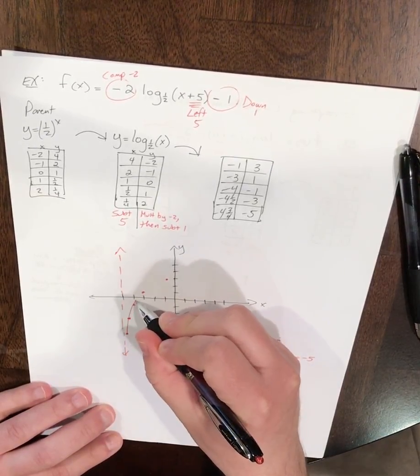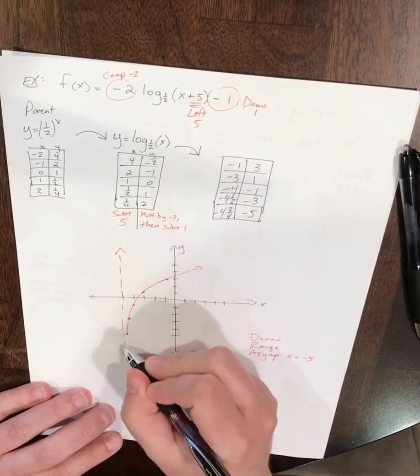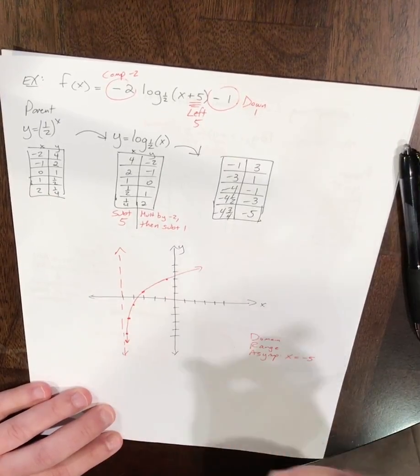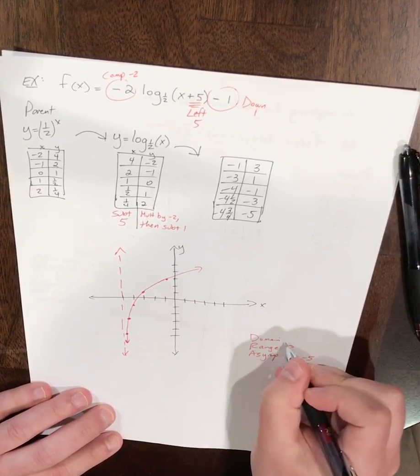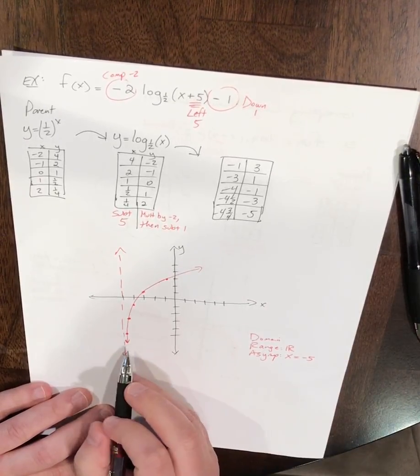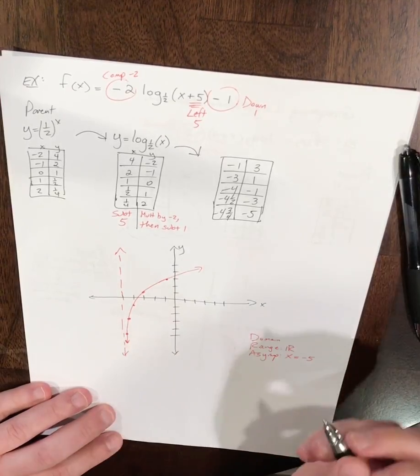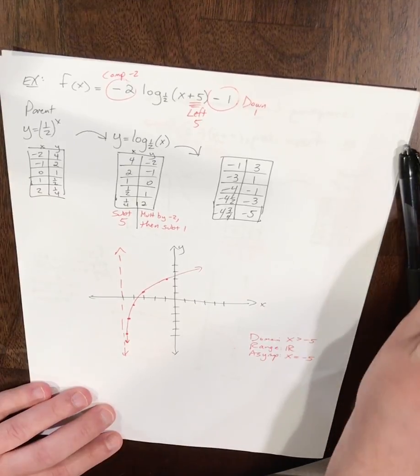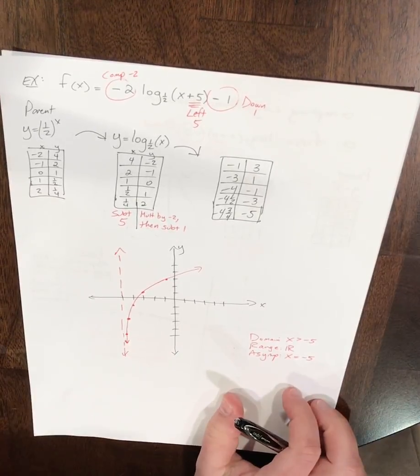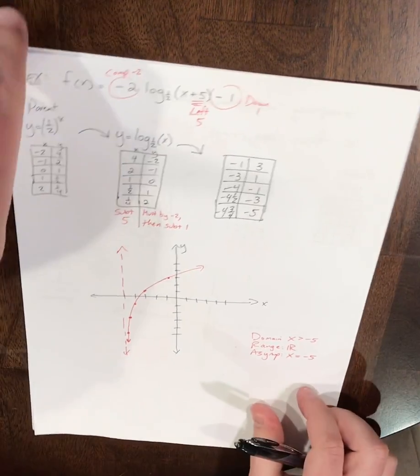And we'll sketch that. And the range is all reals. The domain, where the function exists, is the graph to the right of negative 5, so x is greater than negative 5.